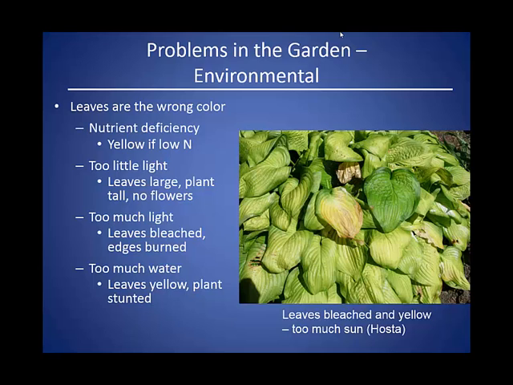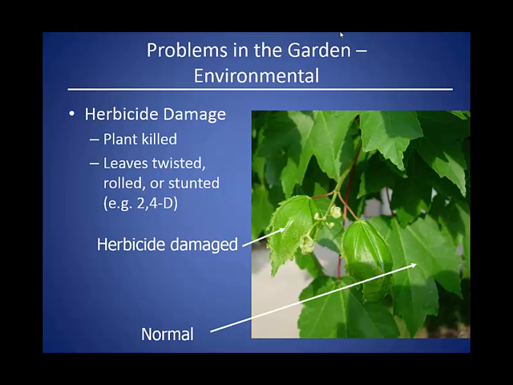Or maybe you have too much light and the leaves are bleached out. Or it's had too much water. It's had root stress. It's not taking up the air through the roots that it needs to. So when you see these kinds of problems, it's going to take a little more investigative work. And your plant problem diagnosis class will talk about putting those pieces together to figure out what's going on.